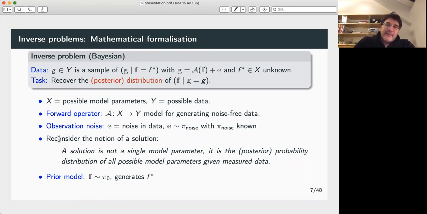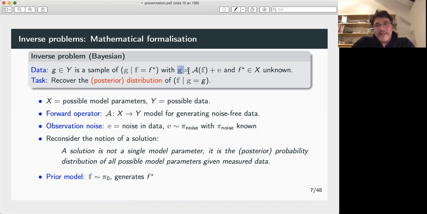You are now not necessarily looking for a solution, but more for this posterior distribution of solutions. In this context, you have a prior distribution, a probability distribution, which among others generates the ground truth image. So data is suddenly a sample of a conditional random variable, namely the random variable generating data, conditioned on the unknown ground truth image.